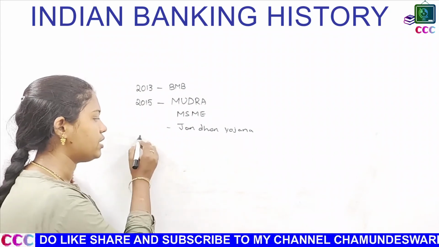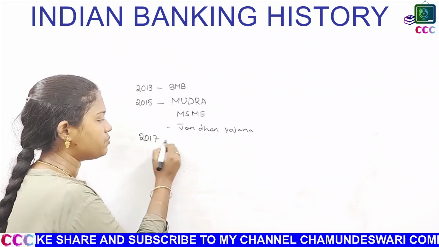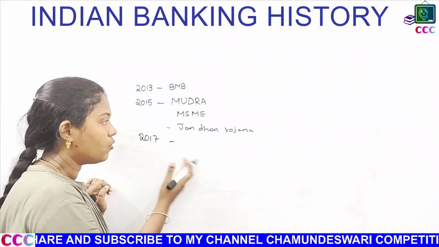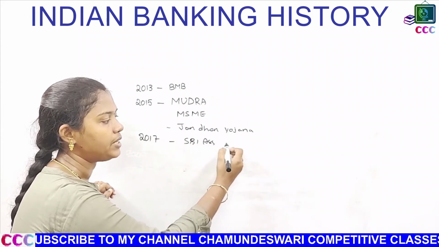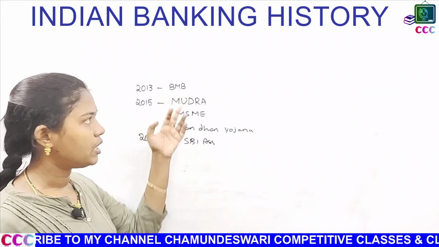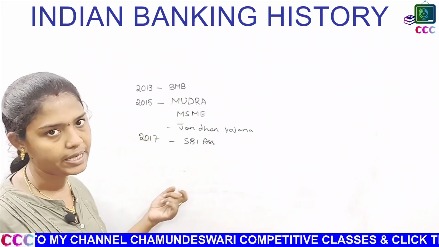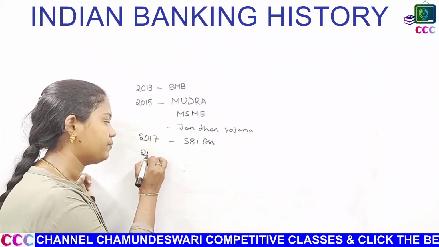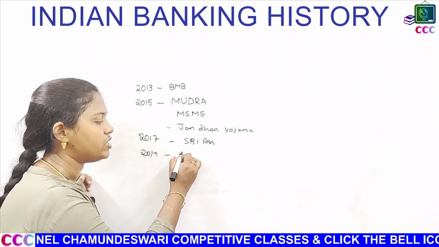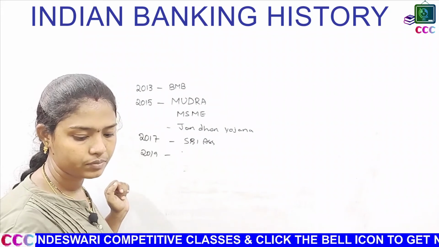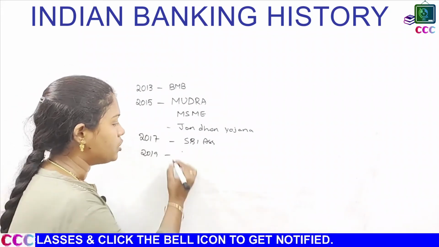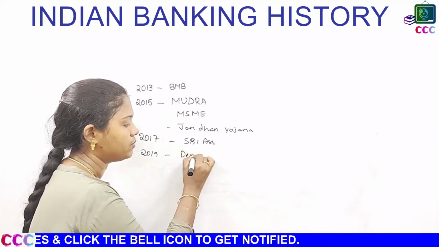Next, 2017, you people already know from the SBI chapter, SBI Associates got merged in SBI, as well as Bharatiya Mahila Bank also merged in SBI. Next, 2019, Dena Bank and Vijaya Bank got merged with Bank of Baroda.